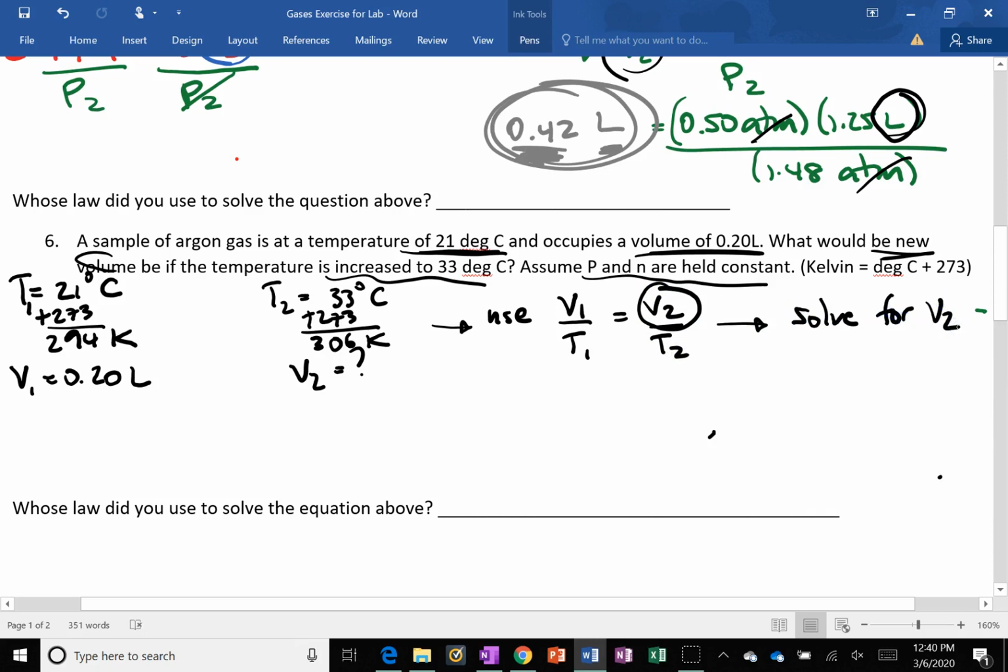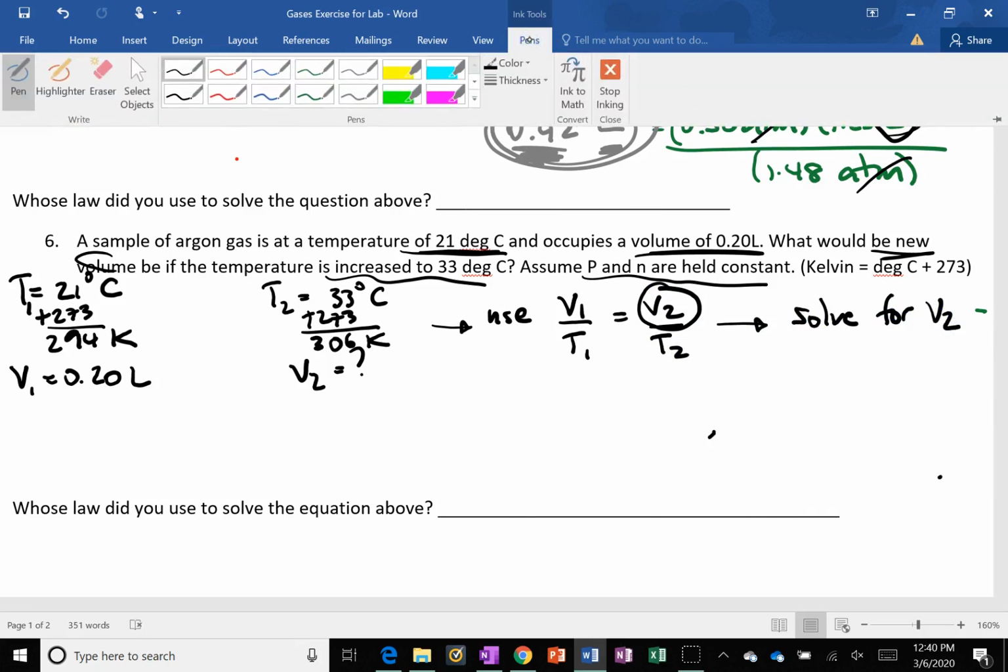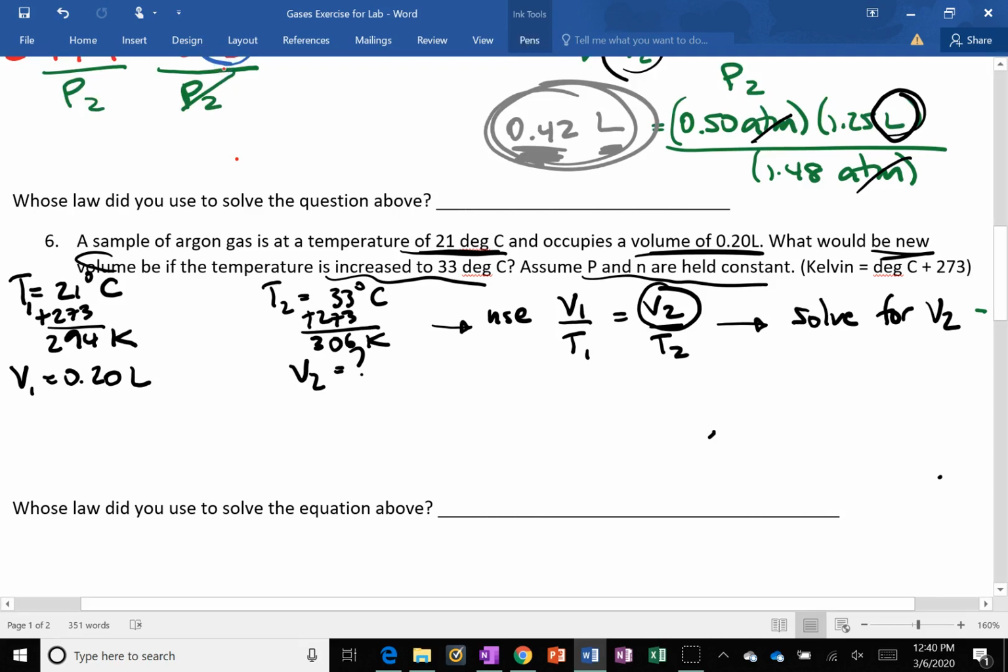Our unknown here is our V2, so we need to solve for V2. And to isolate it on one side, what we can do is we need to get rid of the T2. So we can multiply the right side here by T2 to cancel it out, which means we need to multiply the left side by T2 as well. So then all that's left to do would be to substitute our values, right?